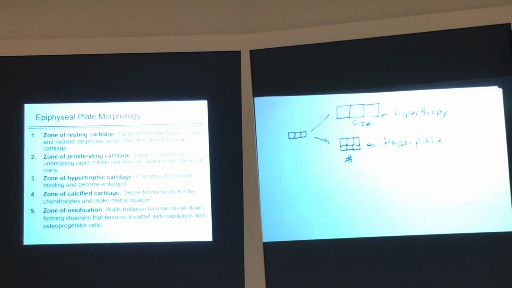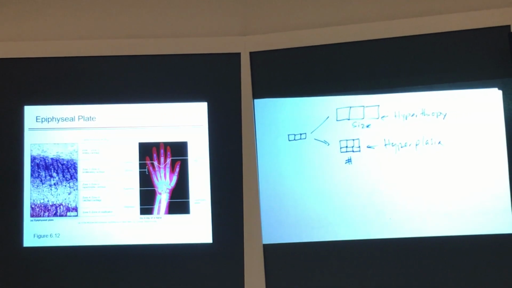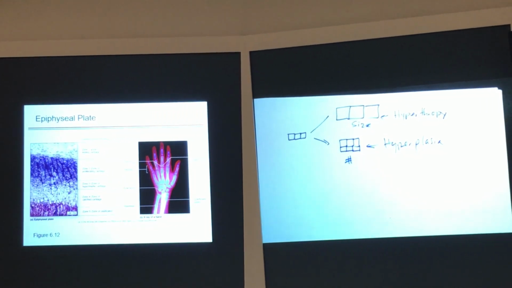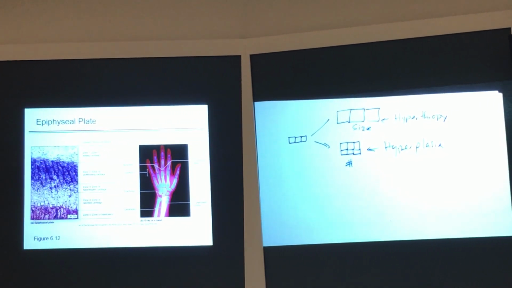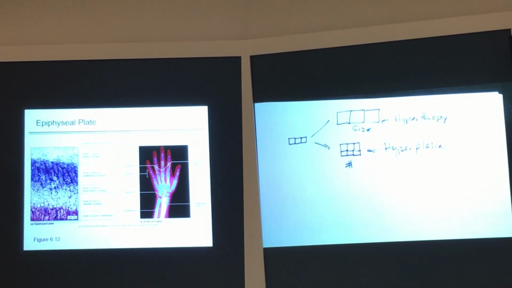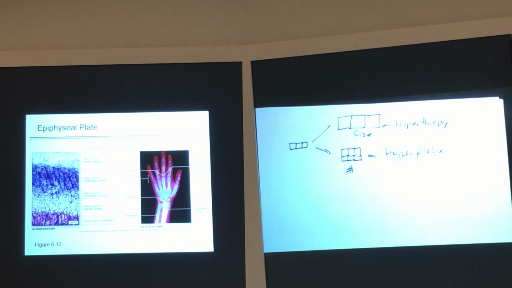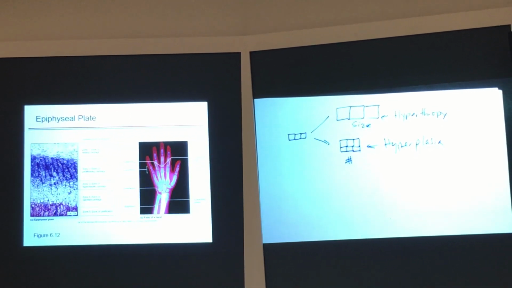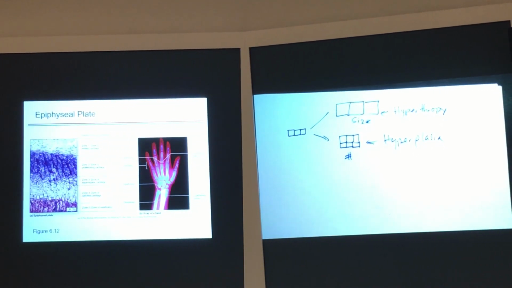So if we see this in an image of a growth plate, it looks like this. So the resting zone, you can see that the cells are far apart. Here is a proliferating zone. Why is it darker here? The number of nuclei. More nuclei makes it darker.